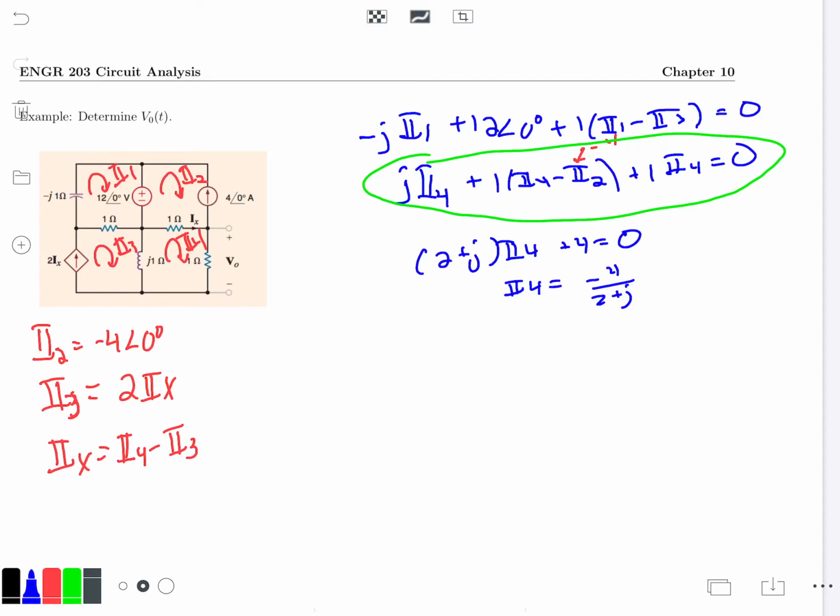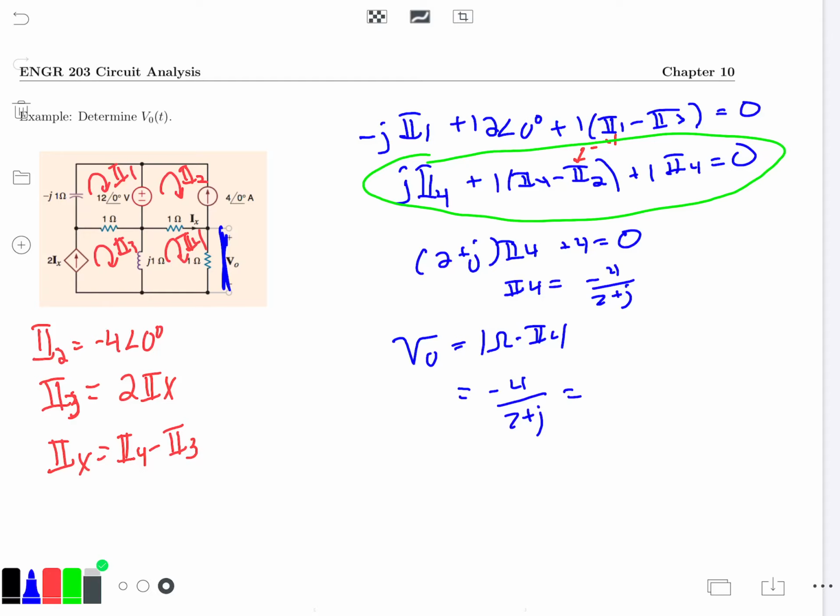But it turns out we don't actually care, because in this circuit, what we're looking for is V0. And V0 is just 1 ohm times I4. So that's going to be negative 4 over 2 plus j. And we can go ahead and put that into our calculator to get our polar notation here. And let's see here.